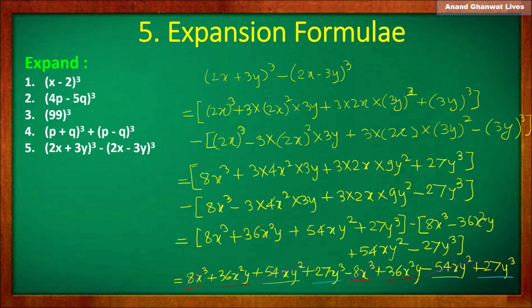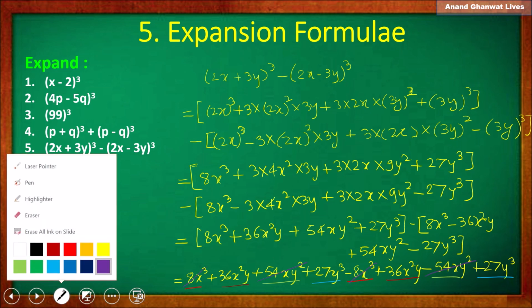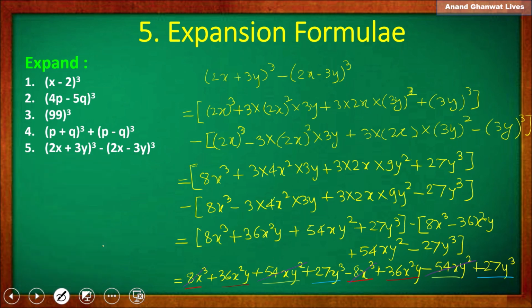So the remaining terms here are 36x square y plus 36x square y, that is 72x square y. Next, 27y cube and 27y cube, that is 54y cube.